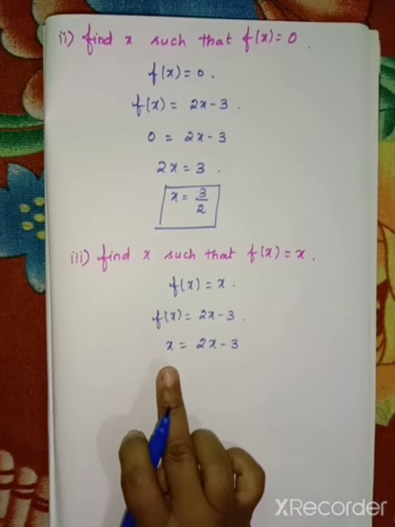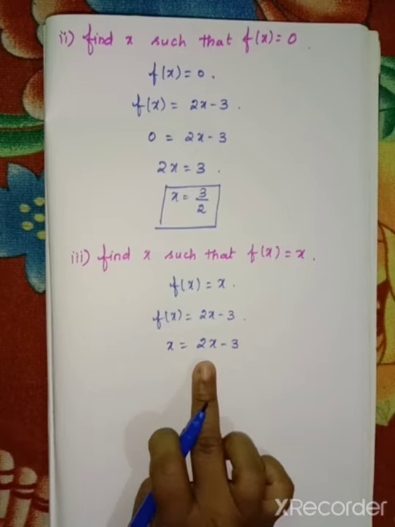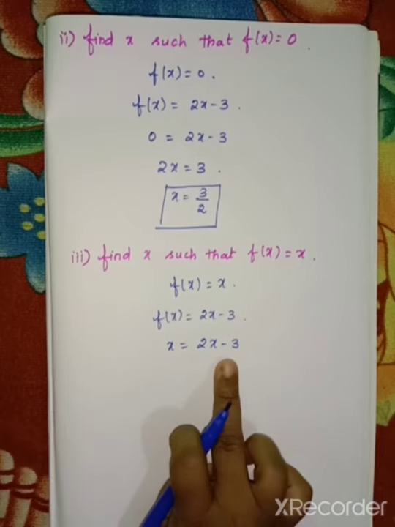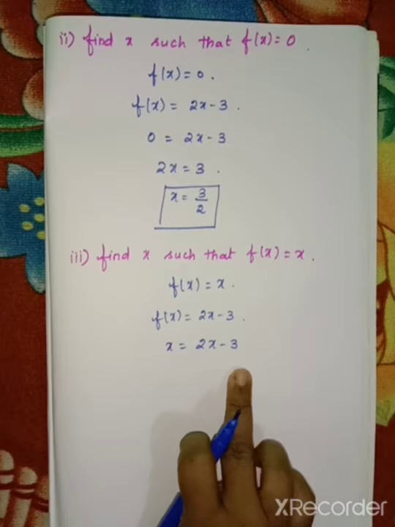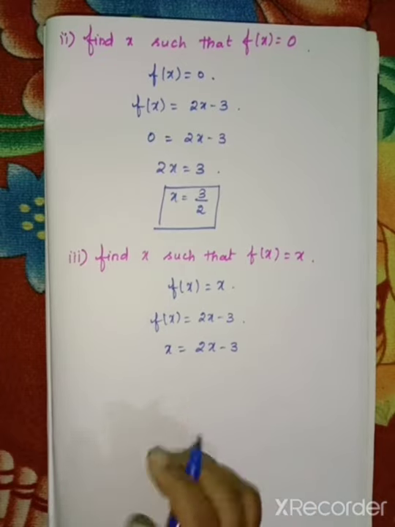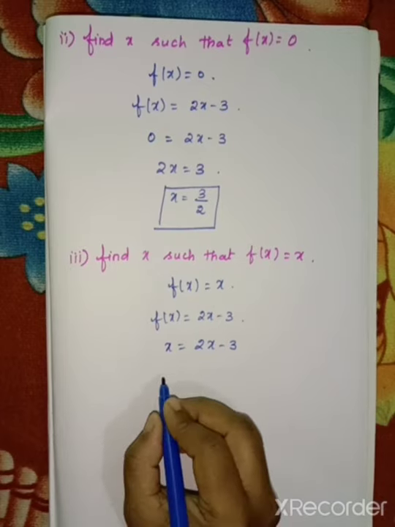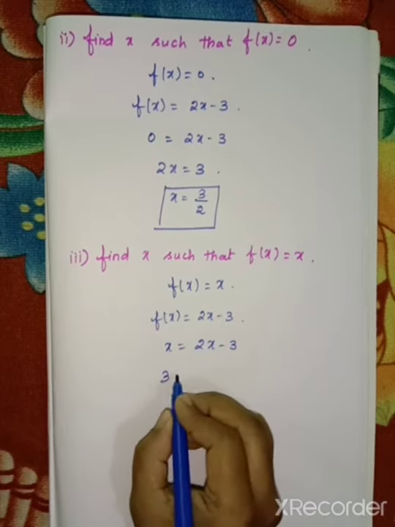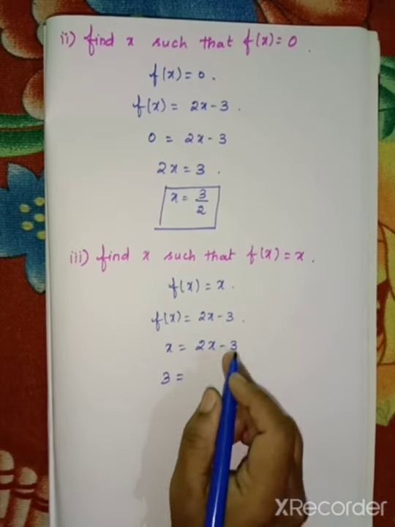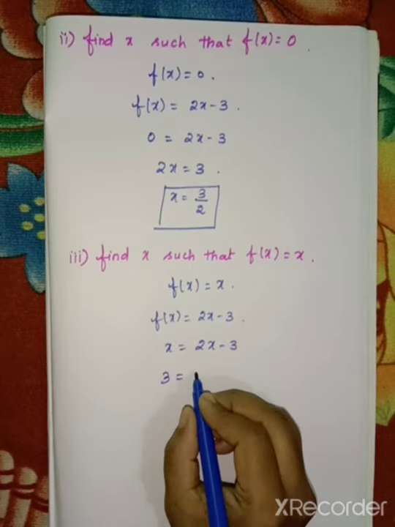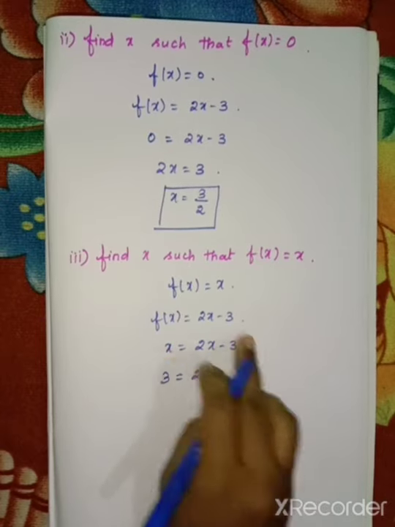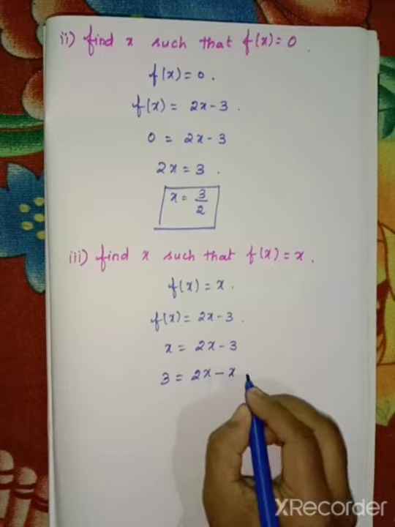Here x is there, and here also the x variable is there. So it goes to that side as plus x, and it goes to that side as minus x. Minus 3 goes to this side as plus 3. So plus 3, then 2x goes to that side as minus x.